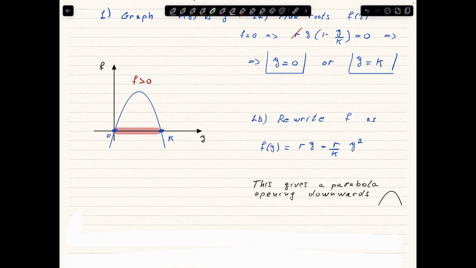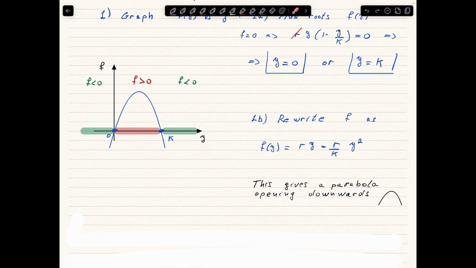Then we have the region where f is negative, which is here and here. By that I mean this interval of y's and this interval of y's. You take a value in this region, and the value of the function is negative, and the same here.